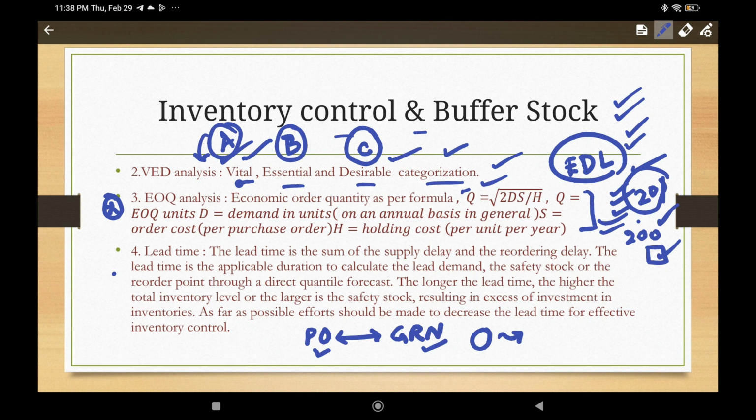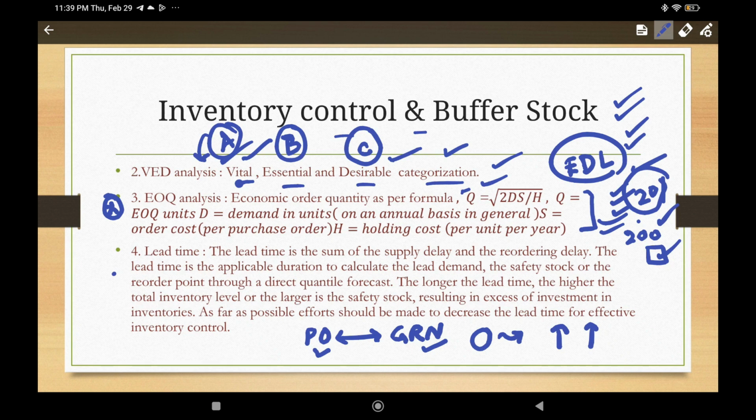The lead time is the applicable duration to calculate the lead demand and safety stock, or the reorder point, through a direct quantile forecast. The longer the lead time, the higher the total inventory level and the larger the safety stock. As far as lead time increases, so far we have to increase the buffer stock or safety stock.